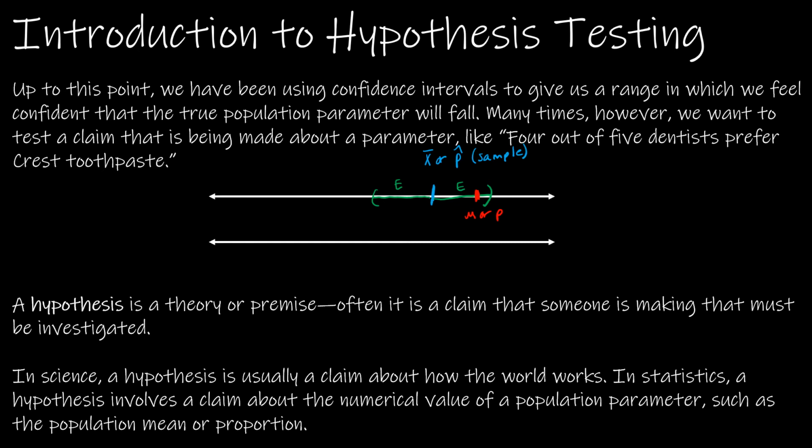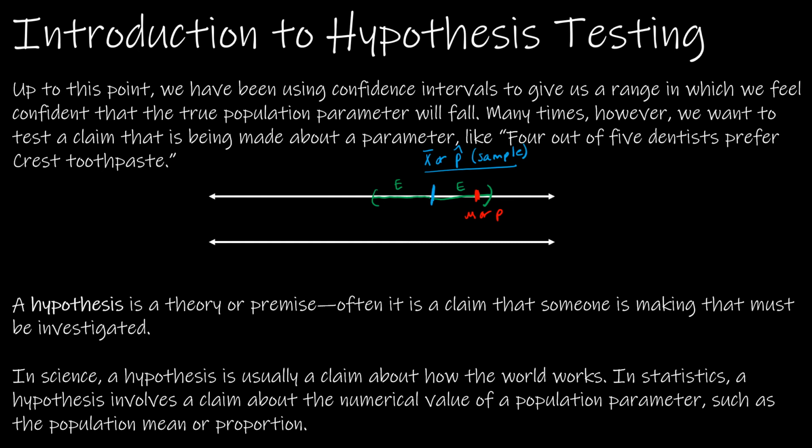So hopefully that makes sense to you, because hopefully you've done all of the confidence intervals and understood that what we're doing is trying to find what the true mean or proportion would be based on some sample data. Now what we're going to do now is switch gears a little bit.